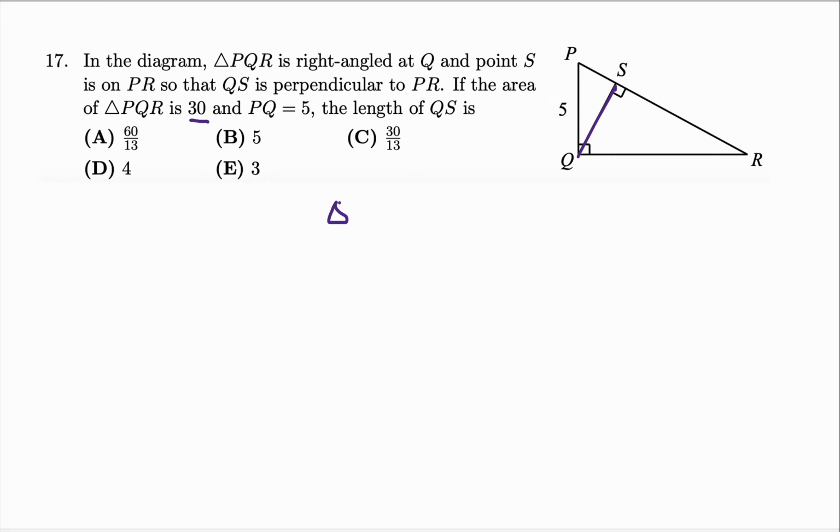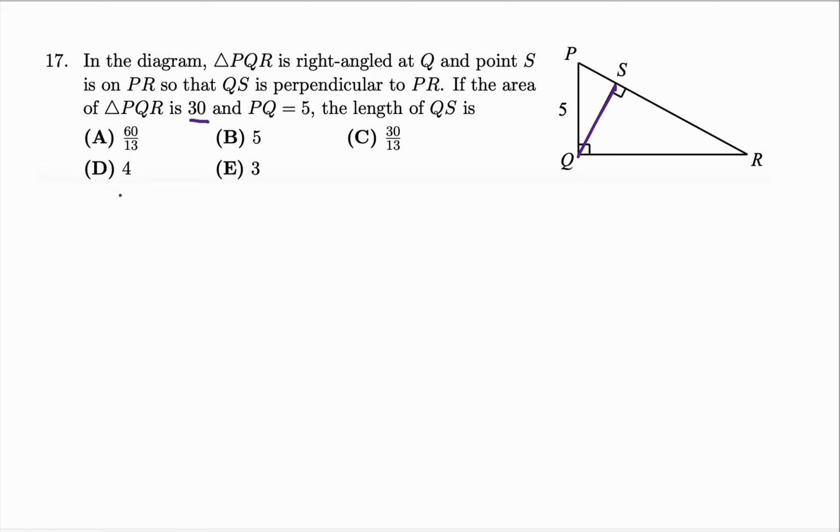So the area, so we can find QR easily using the area and the height over here. And once we find those two, then we can find this one using the Pythagorean theorem. So I feel like that's a good approach that we can start working on.